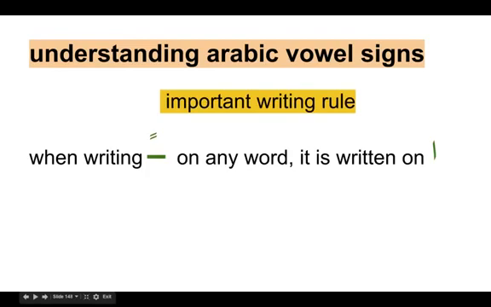So another important writing rule which we have to learn from this lesson is when you write double fatha, a sign of indefinite, on any word, it is not written normally upon the word, it is written on an alif.